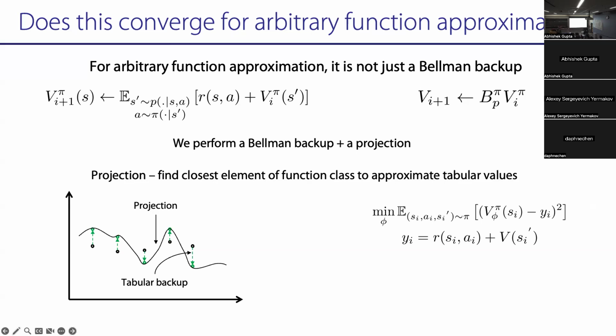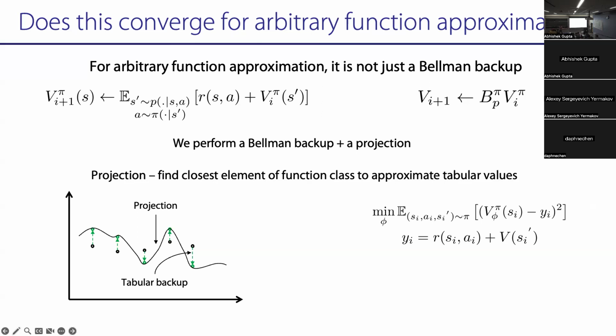And so the way you go from our tabular proof to function approximation is you take every element, back it up, and then try to fit a function that best regresses on all of them. Whenever you see an update like this, you can think of this as a tabular backup, and this as a projection. So it's tabular backup, projection, tabular backup, projection.